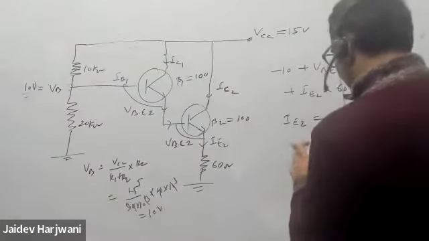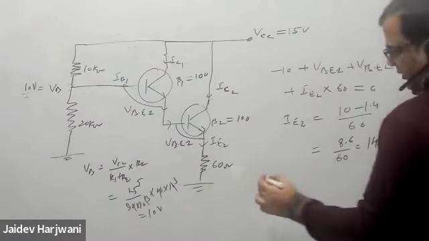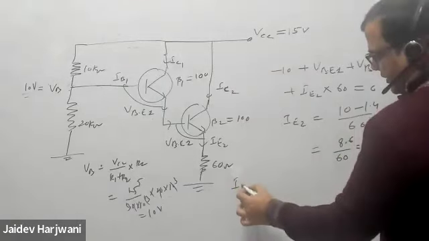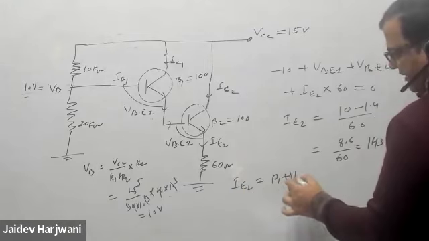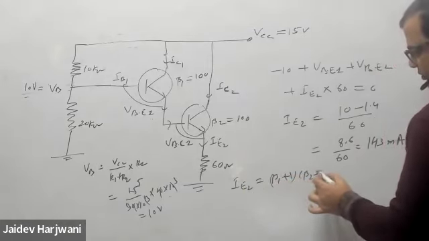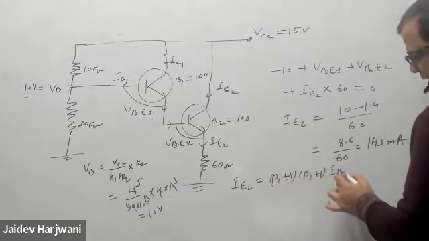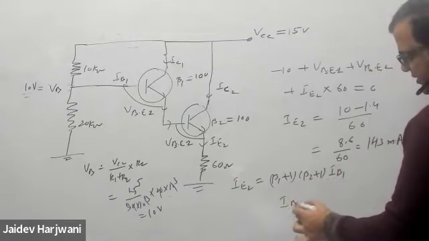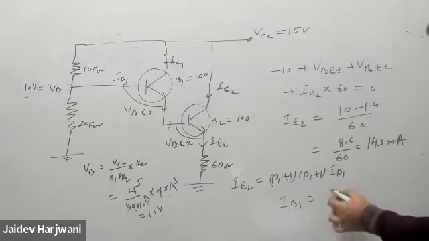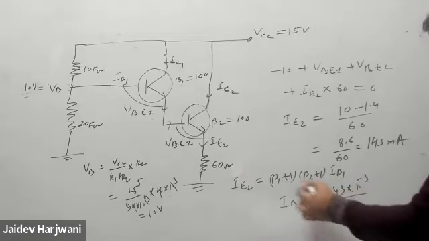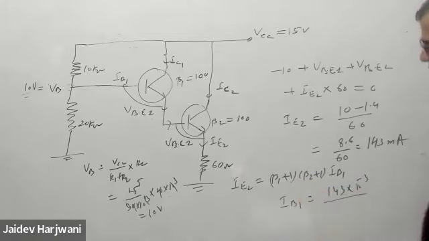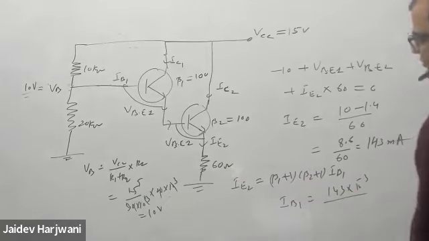Now, once you know the IE2, I told you IE2 is beta 1 plus 1, beta 2 plus 1, into IB1. So you can find IB1 equals 143 milliampere divided by beta 1 plus 1 into beta 2 plus 1.